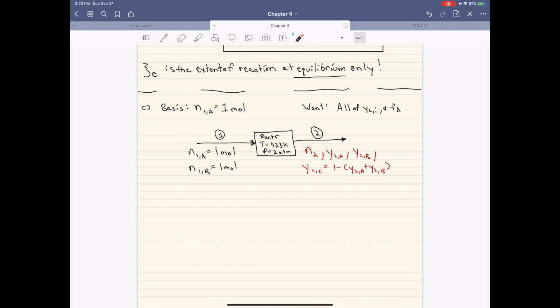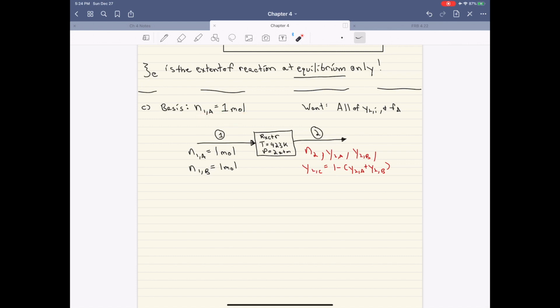And so what I could do here is assume a basis of just 1 mole of the carbon monoxide. Okay, and so in this case, if you're given mole fractions and things like that, you could usually just assume a basis. All right, and so that's what I'm doing in this case. I'm assuming a basis of 1 mole.